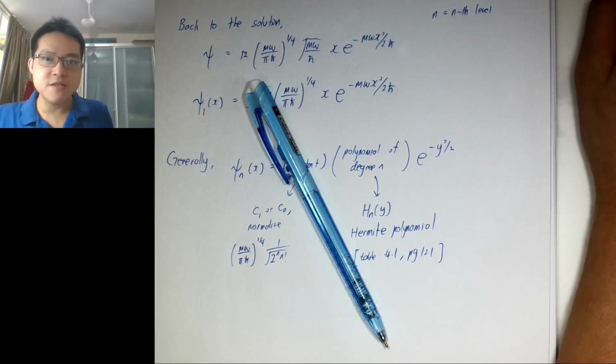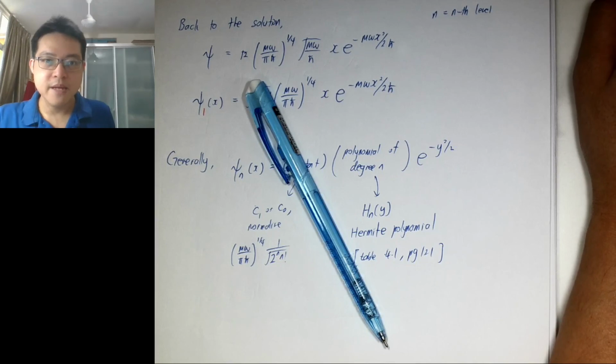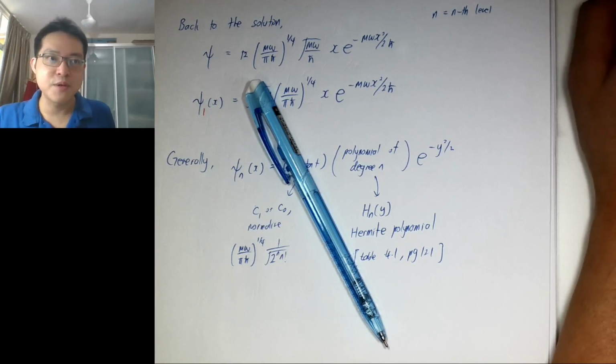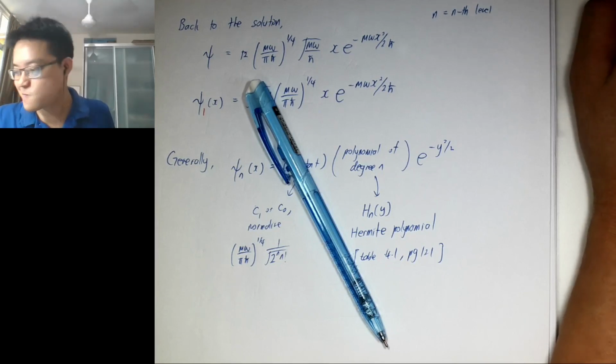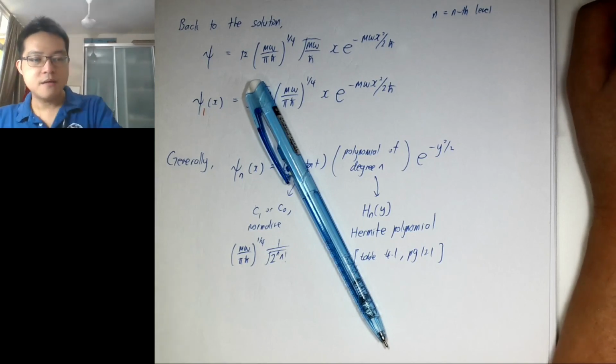Just now we solved n equals 0, which is just a constant 1, and then n equals 1, which is something times a linear function, and then H3 is, hang on, this is H2, there's a typo here. I think the list is missing H2 and H3. But in any case, the Hermite polynomials take the form that looks like this.